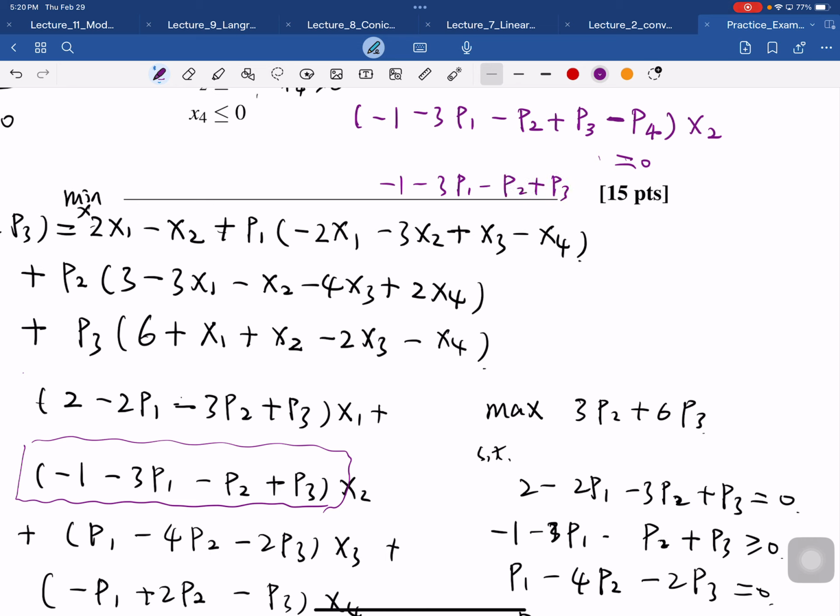And by definition, P4 is greater than or equal to 0. So even if you dualize this constraint, you arrive at something equivalent to what you originally have. The only difference is whether you dualize the bound constraint or not.